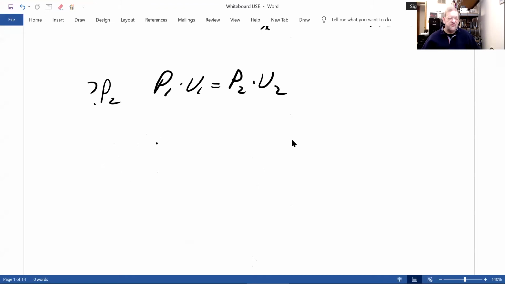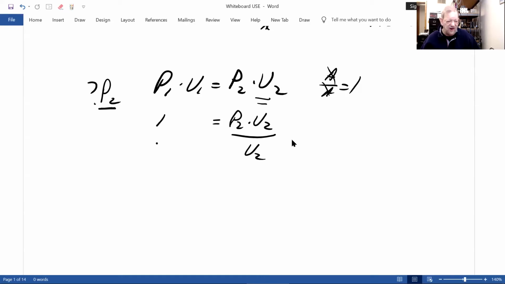How do you solve this equation for P2? You get it alone on one side. So how do you get rid of V2? Anything divided by itself equals the number 1, essentially gone, because 1 times anything is that anything. So to get rid of V2, I'm going to divide by V2. But whatever you do to one side, you have to do to the other side.